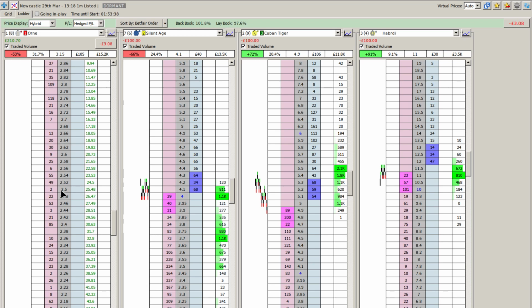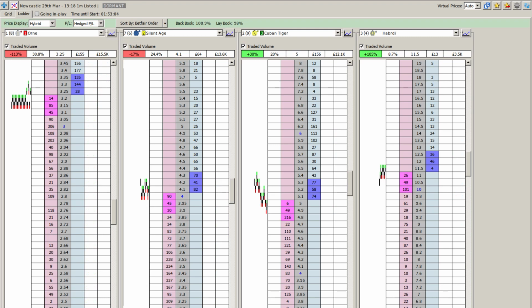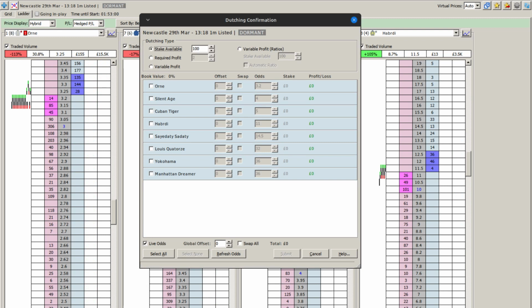Nothing significantly unusual about that. So just keep a mental note, it needs to go down to 2.5. Now if I clear all those numbers away and pull up the Dutching dialog again, consider if I was to do 2 runners now.